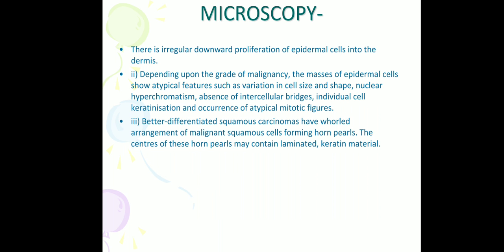Depending upon the grade of malignancy, the masses of epidermal cells show atypical features such as variation in cell size and shape, nuclear hyperchromatism, absence of intercellular bridges, individual cell keratinization, and atypical mitotic figures. Better differentiated ones have a whorled arrangement of the malignant squamous cells, and at the center there will be a horn pearl, that is, a keratin pearl. The centers of the horn pearls may be laminated keratin material.